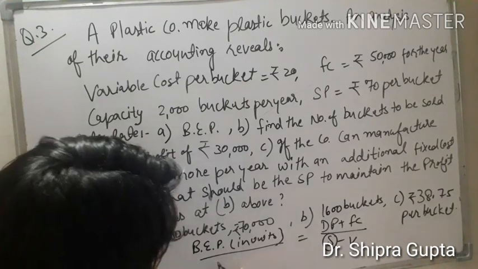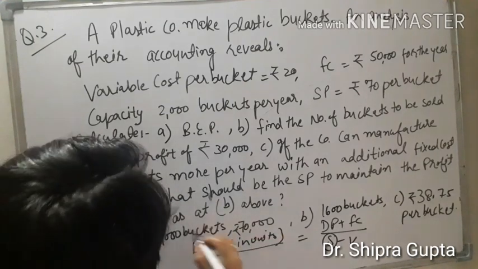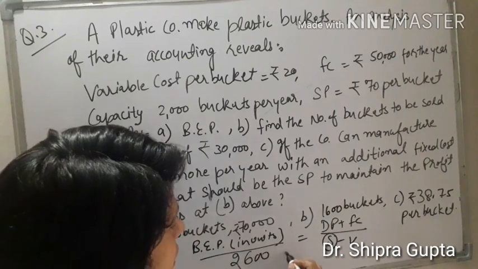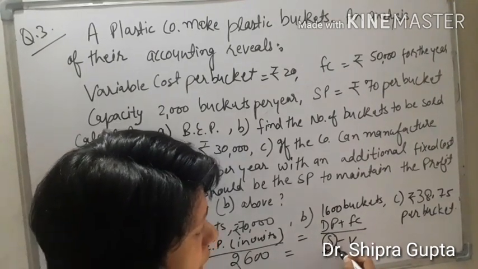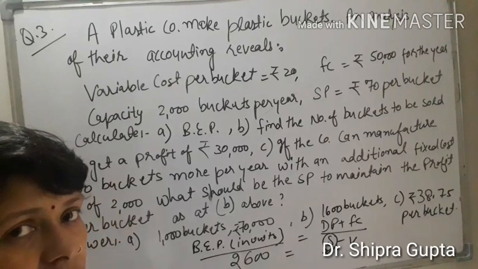And break-even point in units, it means 2,000 plus 600, meaning 2,600, we will take. Then we can calculate the selling price per unit, and the answer will come.